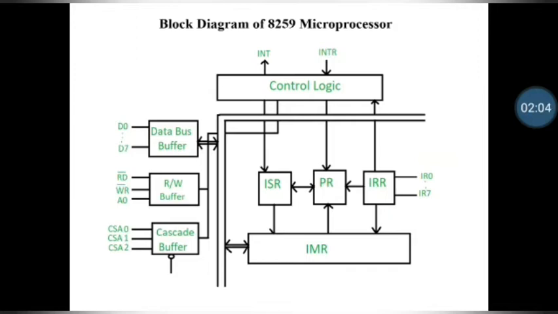and this block has 8 input lines, that is from IR0 to IR7. So the interrupt which comes from other devices will come to 8259 by using these input lines, IR0 to IR7, and these input lines are handled by the interrupt request register.